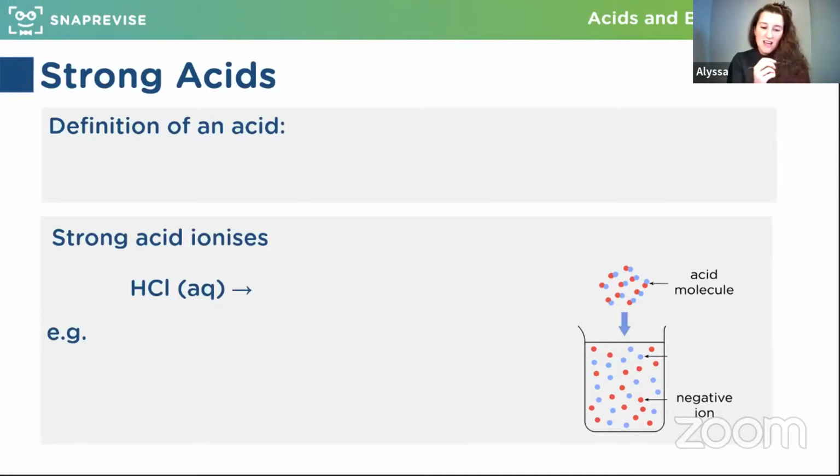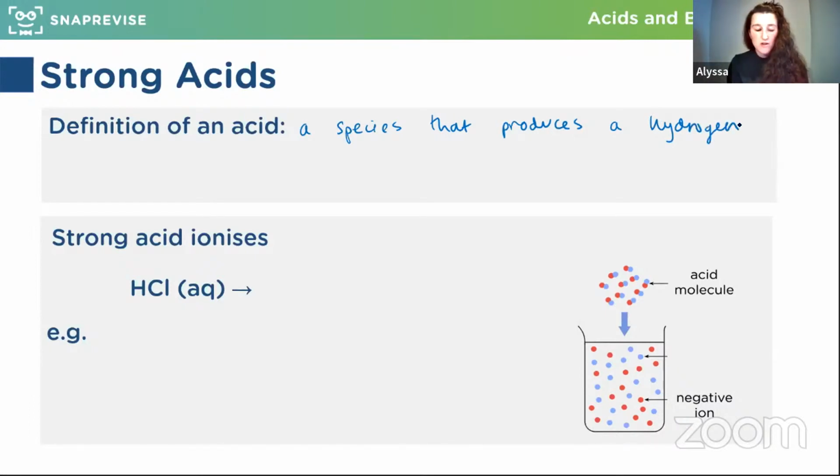So it's a species, a thing, something, a species. Good, that has hydrogen. Well done, those of you that said that. A species that releases a hydrogen ion, rather than produces, releases a hydrogen ion, i.e. H+, in solution.